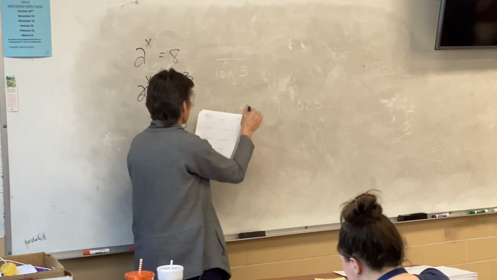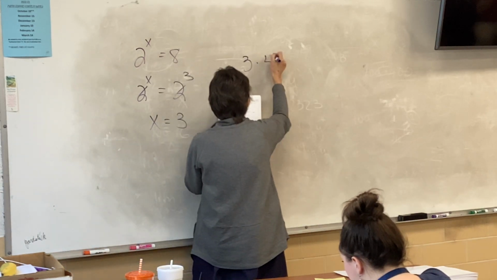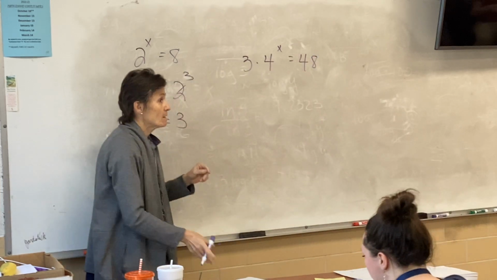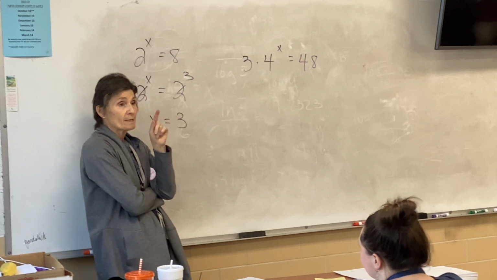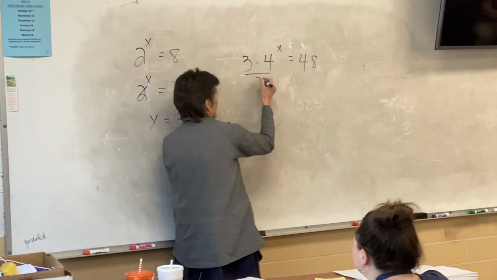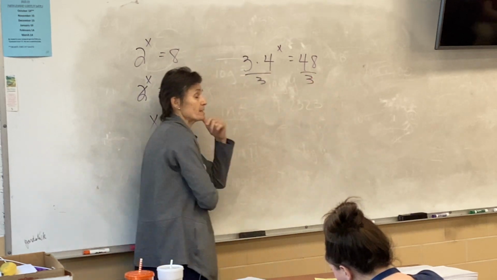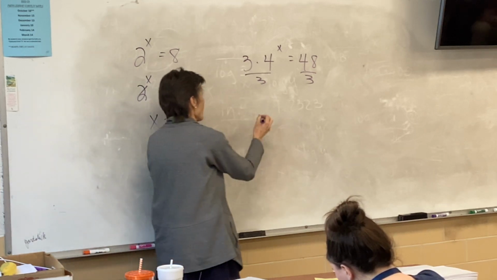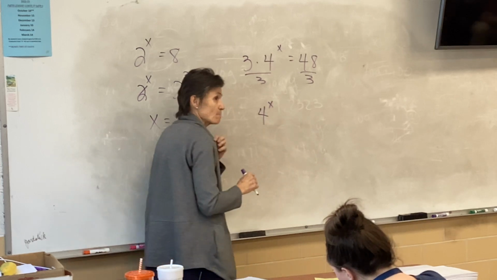So, for example, in the next one, 3 times 4 to the x equals 48. First thing we're going to do is divide by this 3. We're going to get that 3 moved over to the other side. So now we just have 4 to the x, our exponential.